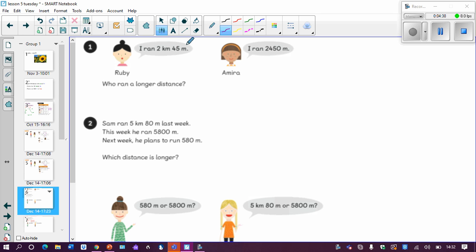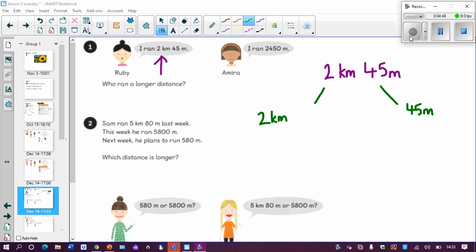So we need to convert one of those measurements. I'm going to convert this one. Now my first step is to partition. I've partitioned it into kilometres and into metres. I know that 2 kilometres is the same as 2,000 metres. Apologies if you can hear my mouse.